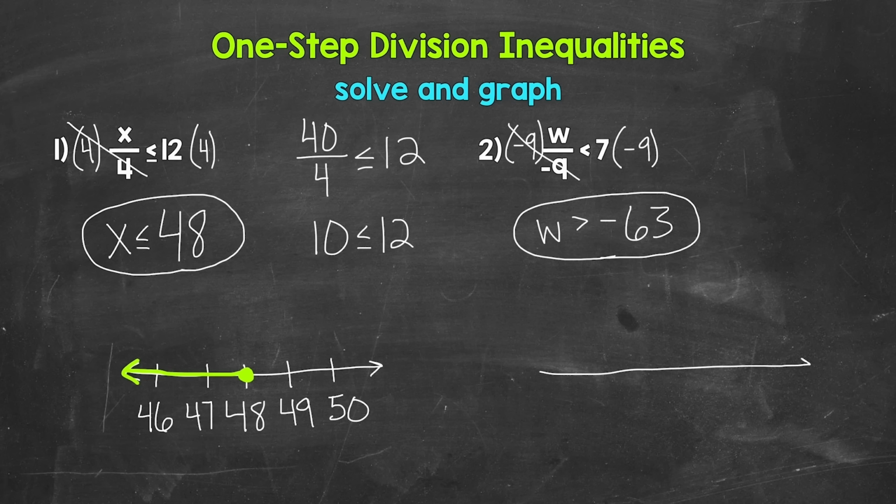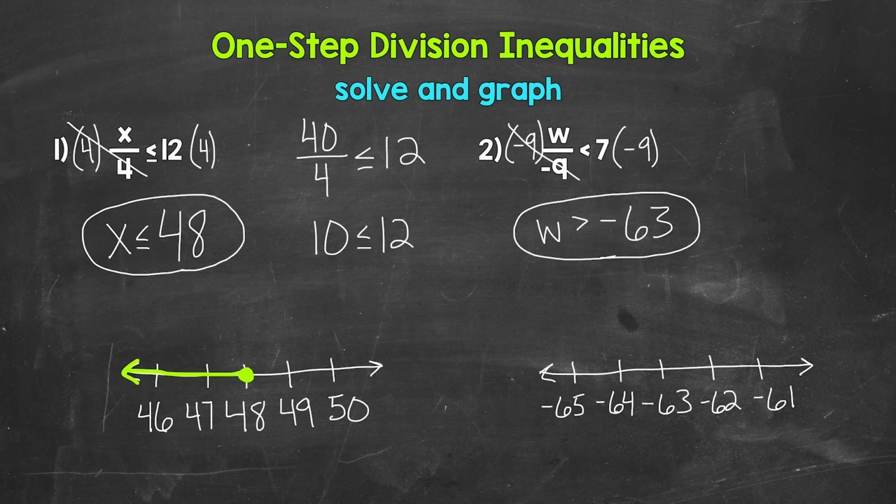So let's draw a number line with negative 63 in the middle, and then we can put a couple of numbers on both sides. So we have negative 65, negative 64, negative 63, negative 62, negative 61. W is greater than negative 63. So negative 63 is not included.